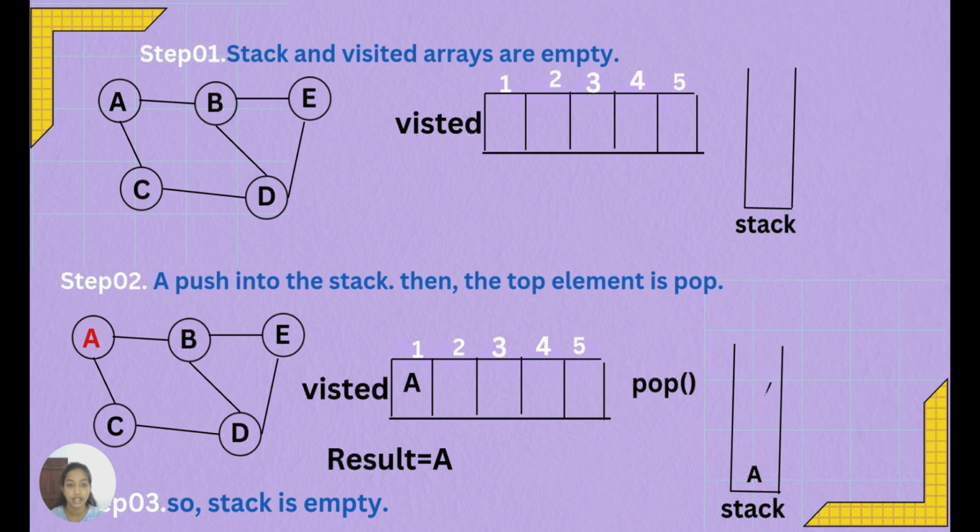Step 2, A is pushed into the stack. Then the top element is popped. So in the visited array, A is the visited one. So result is A.